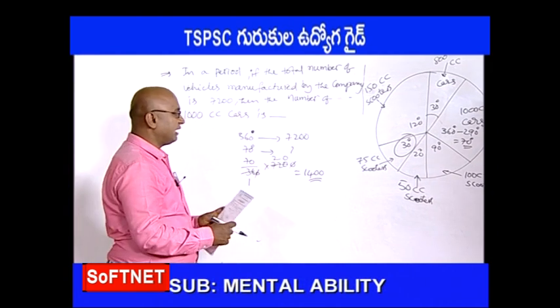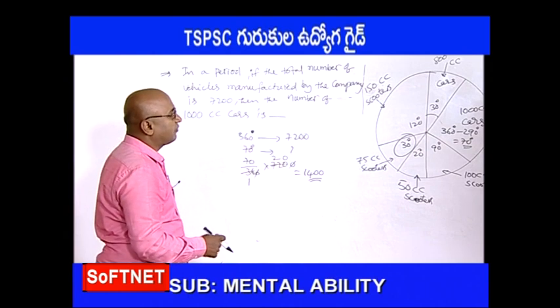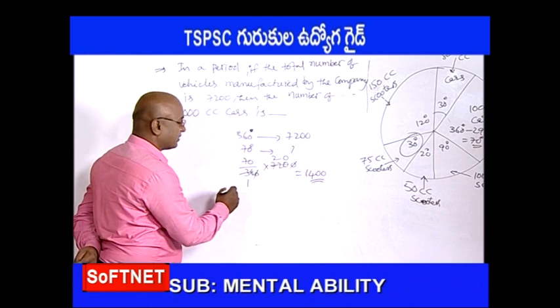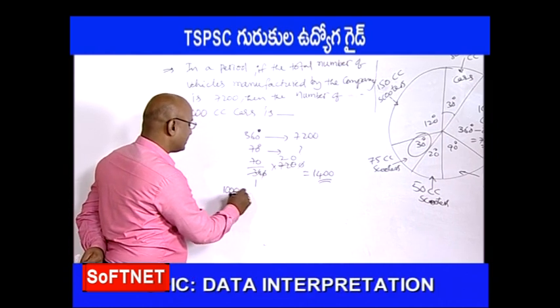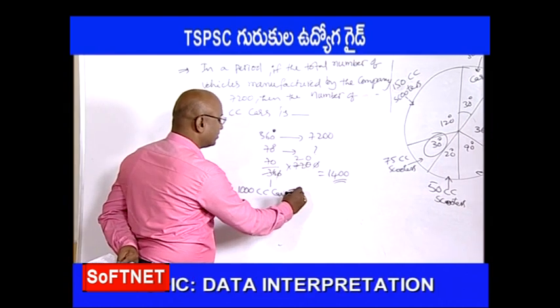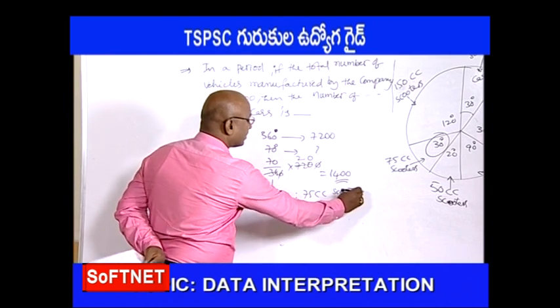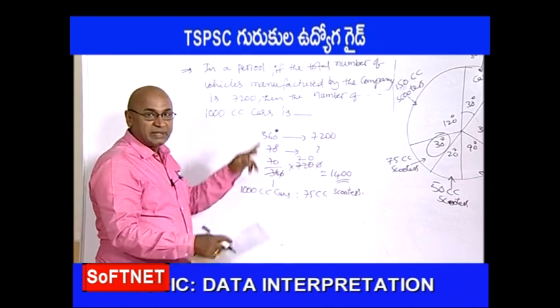Okay? Similarly, what is the ratio of 1000 cc cars and 75 cc scooters? 1000 cc cars is to 75 cc scooters. Got it? So the problem can be given like this only.